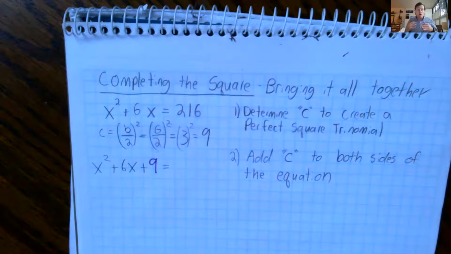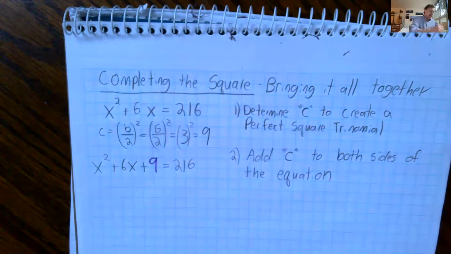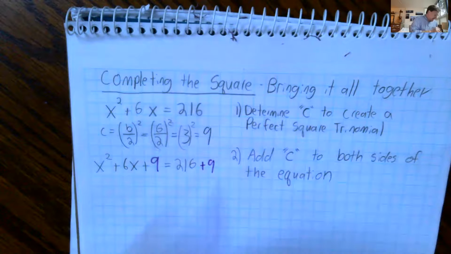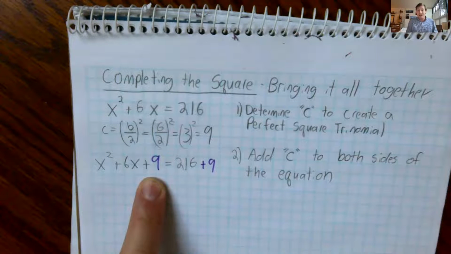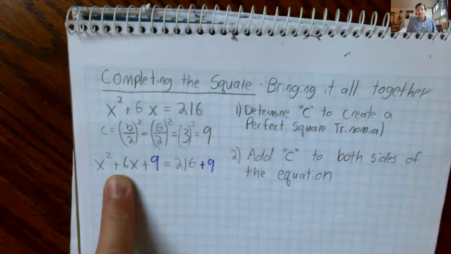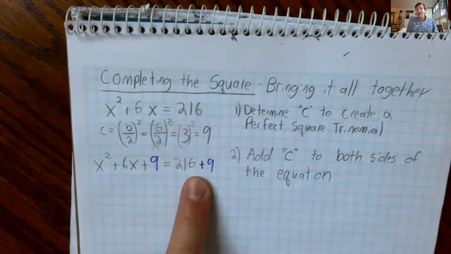But always in algebra, if I do something to one side of the equation, I have to do it to the other. So I'm going to take that 216 that was already on the right side, and I'm going to add 9 to that side as well. Okay, so we've got to keep this equation even. We've kind of added 9 out of nowhere so that we can manipulate our equation to make it a perfect square. But if we add that 9 out of nowhere, we've got to add it to the right side as well.